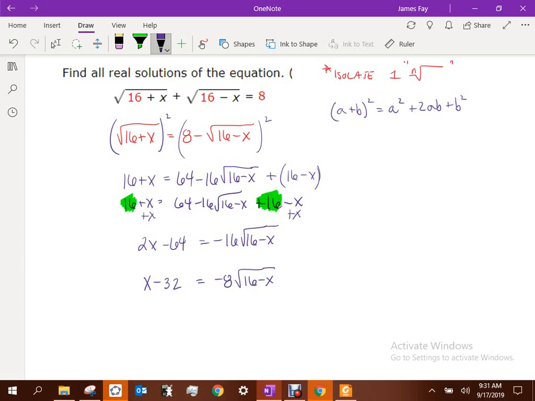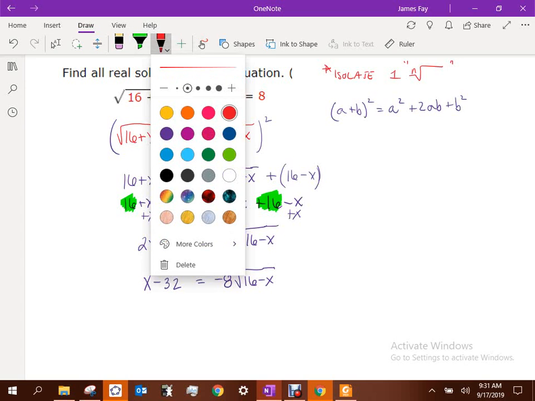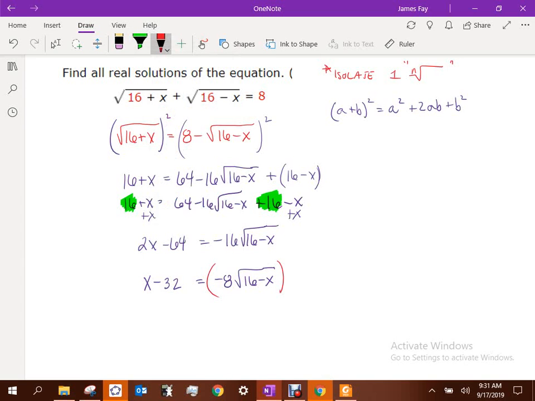And now that I've isolated that, now I'm going to square that. Square that side, square this side. So give me x squared minus 64x, 32 squared, 1024. Okay. Now if I square this side, negative 8 squared is 64, right?